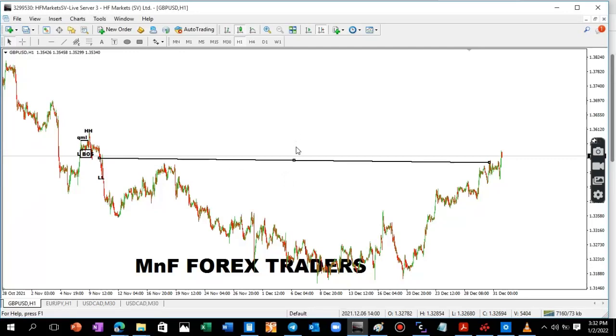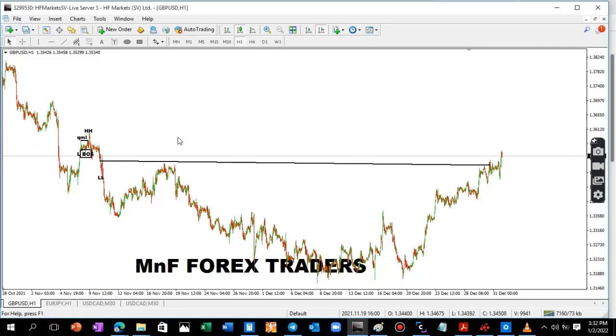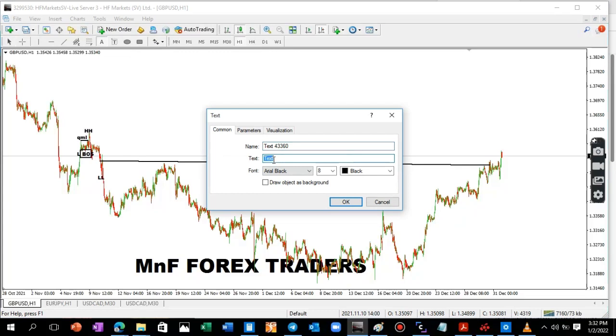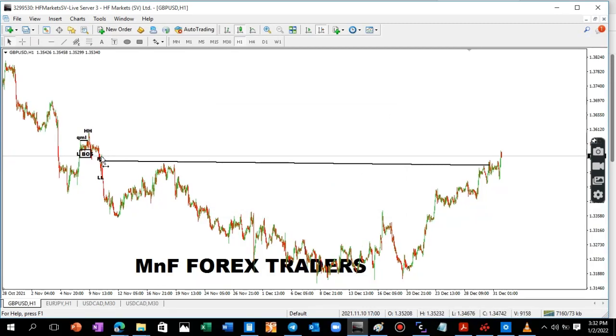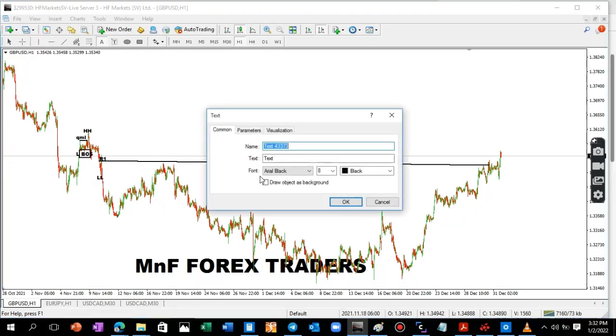So this level here. I'll label this as my R1, which is resistance 1, and the next one is R2 right there.